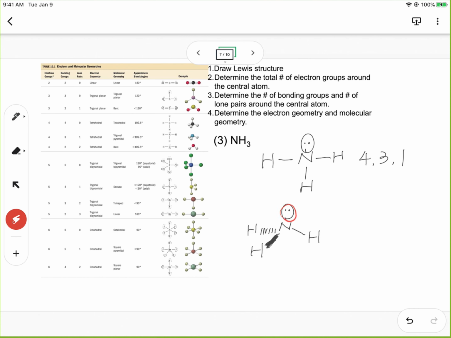Therefore, this lone pair is going to push those 3 hydrogens towards each other a little bit more than standard tetrahedral. Therefore, this bond angle should be a little bit less than 109.5 degrees. If you pay attention to what we have here, it's less than 109.5. That's what it means.